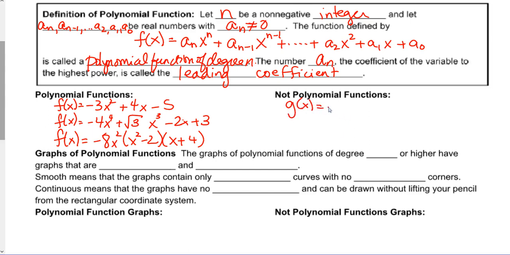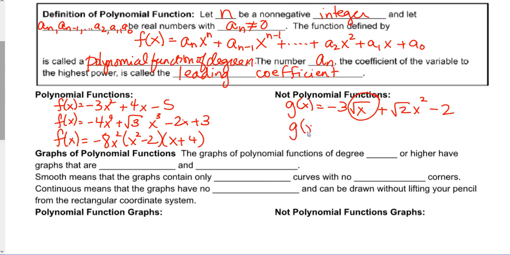If I said g of x is equal to negative 3 square roots of x plus the square root of 2x squared minus 2 or something like that. The problem with this equation is this guy right here. You cannot have a radical that has a variable underneath it in order for it to be a polynomial function.